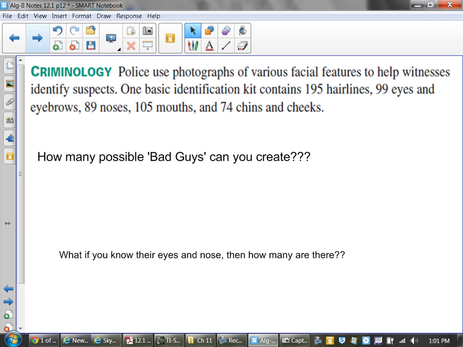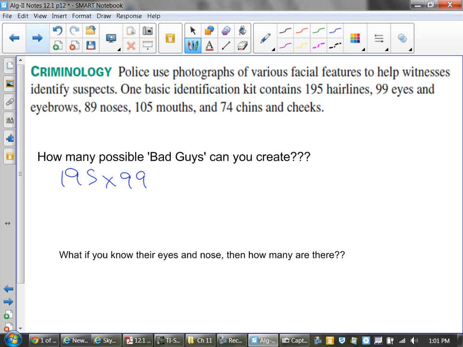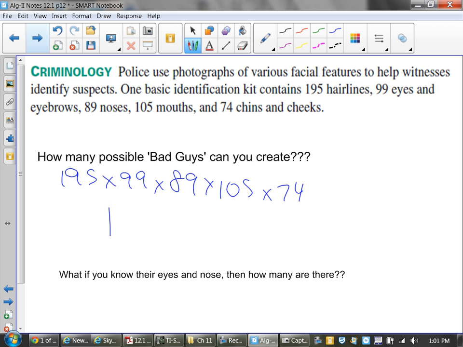That's a big number. It's a really big number. So you wind up with the 195, 99, 89, 105, and 74. So in other words, this is a really big number.